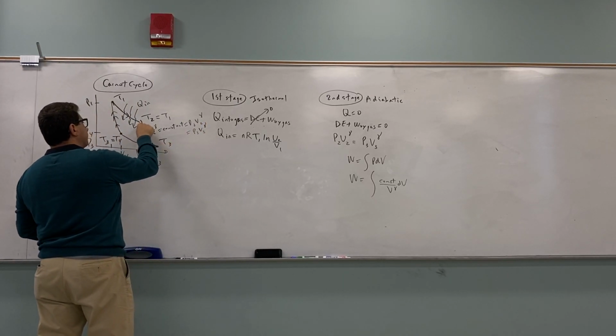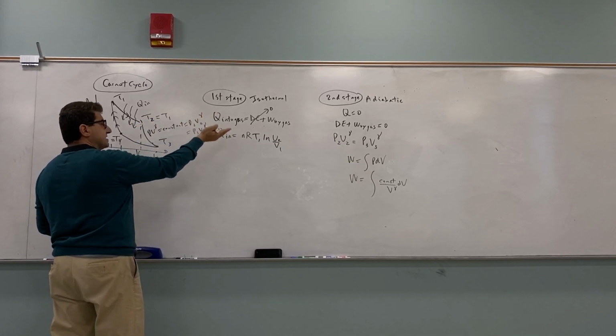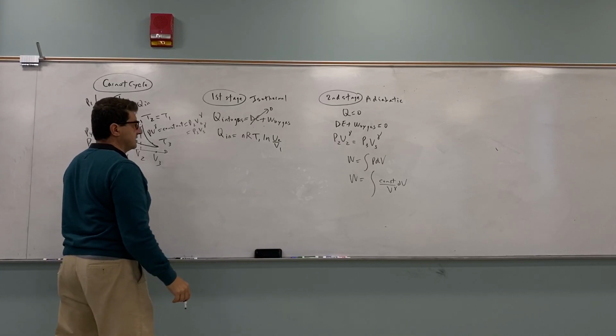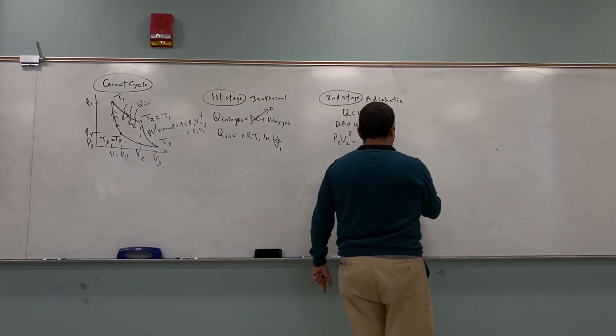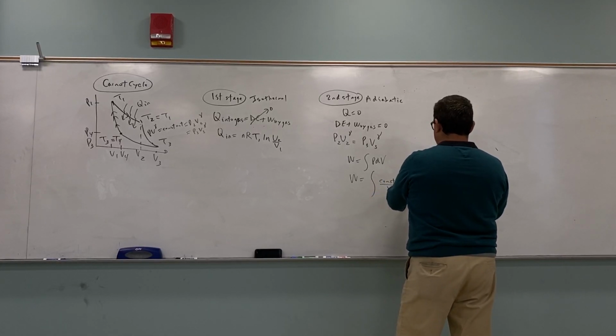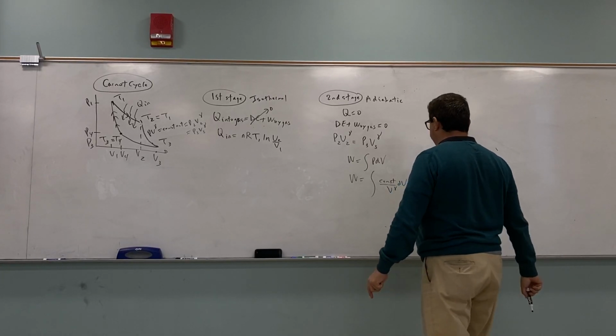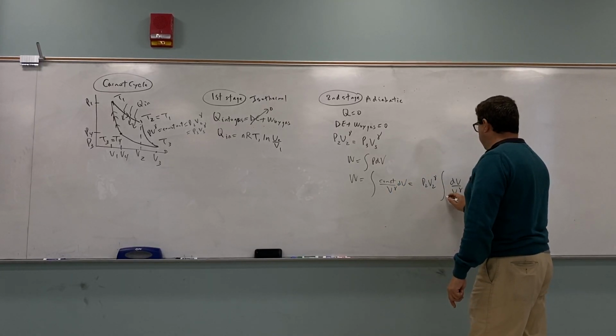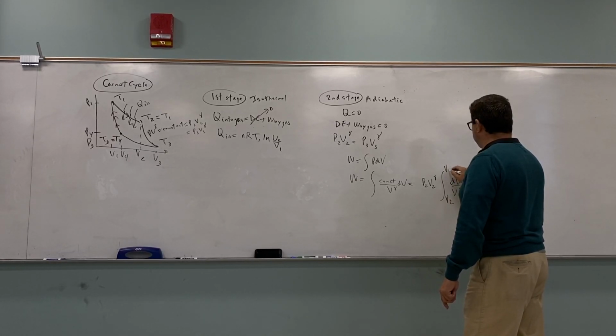In other words, whatever pressure and volume it has there, P V to the gamma stays constant. You see? So then we could say here, the constant is P2 V2 to the gamma, and then dV over V to the gamma, and the limits of the integral are V2 to V3.